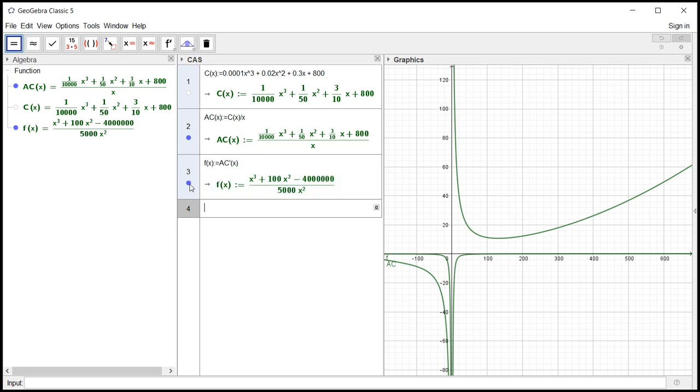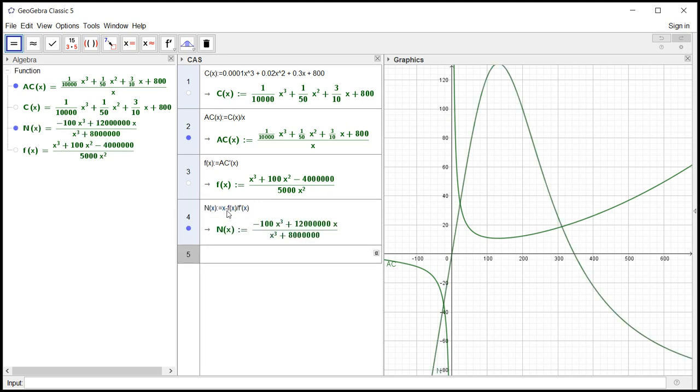Then for Newton's method, I'll call the function n of x as usual: x minus f of x over f prime of x.